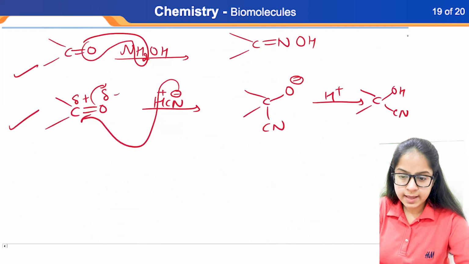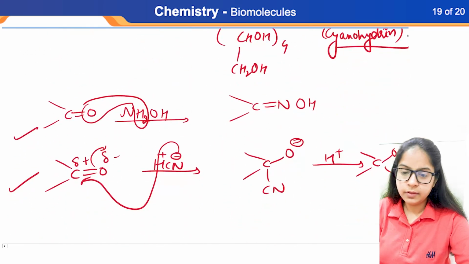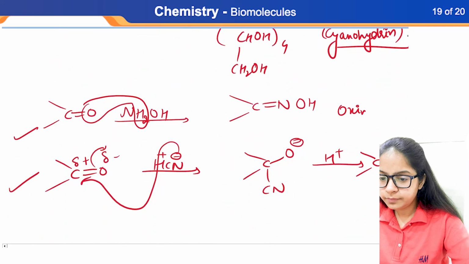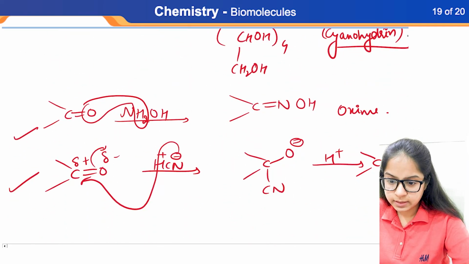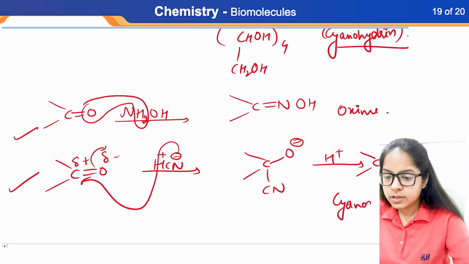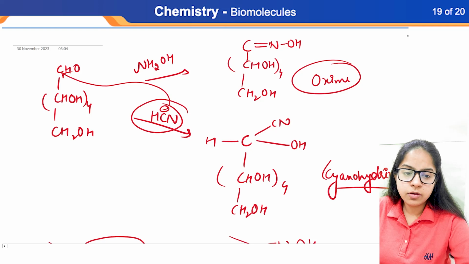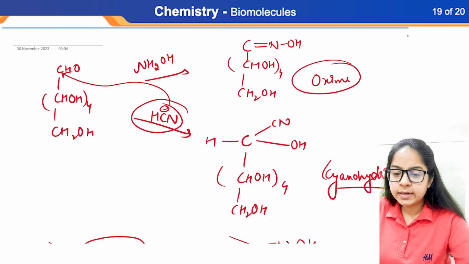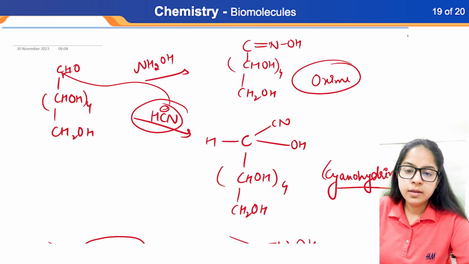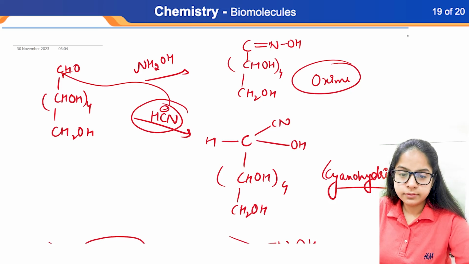Now the next one is, this one is oxime, this one is cyanohydrin. I am using the same reaction here to form the cyanohydrin. CN negative is going to attack on this, and oxygen negative will take up the hydrogen and so on.